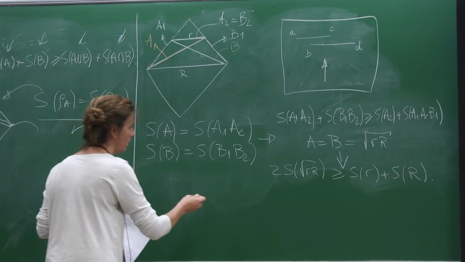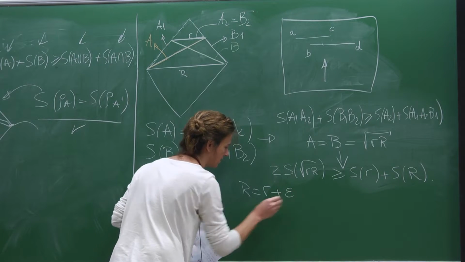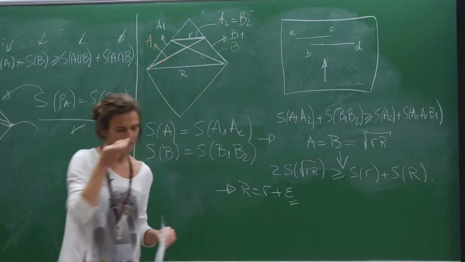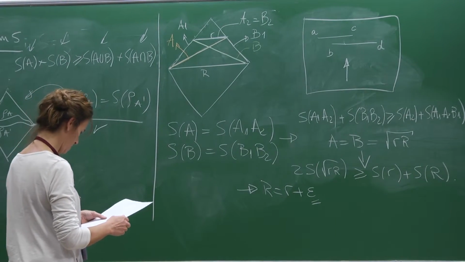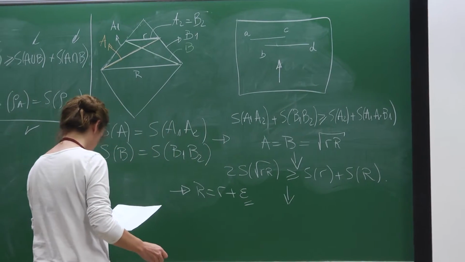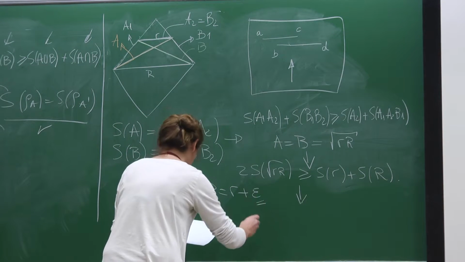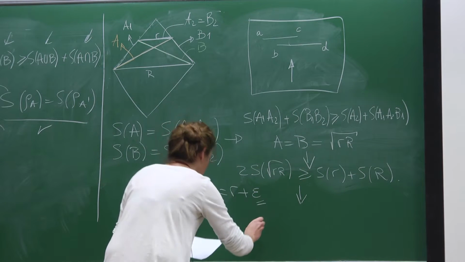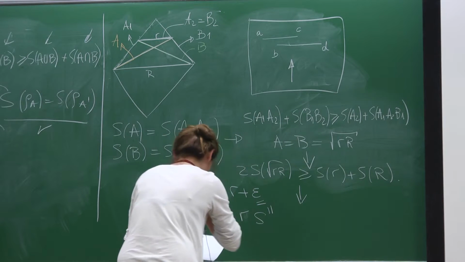And now if you take epsilon going to 0, you can write an infinitesimal relation between the second derivative of S and the first derivative.